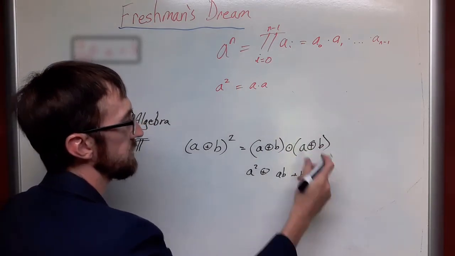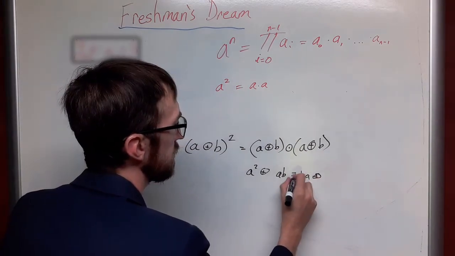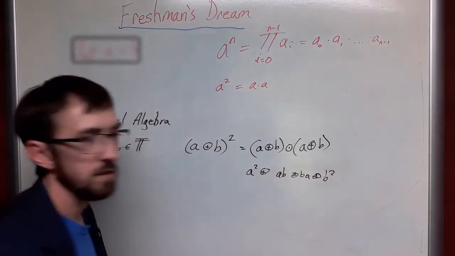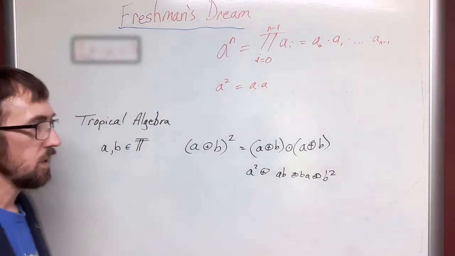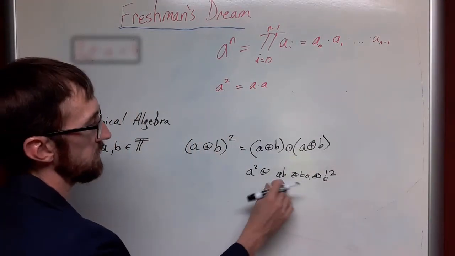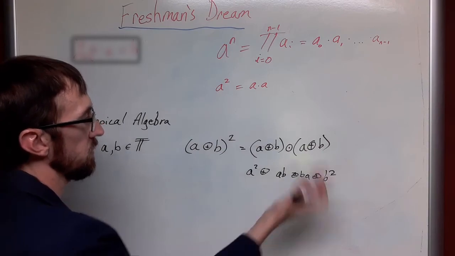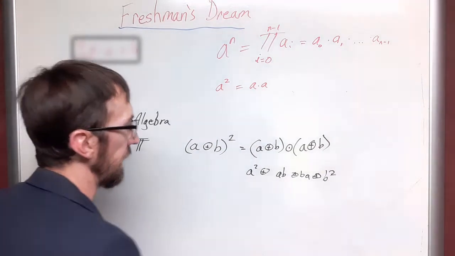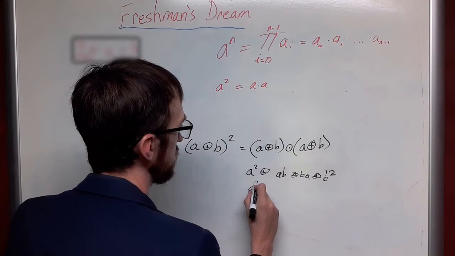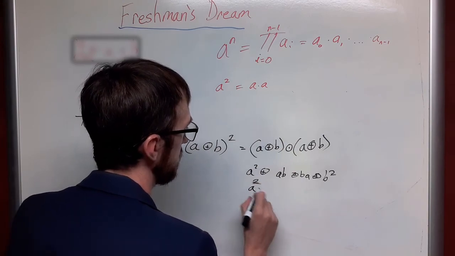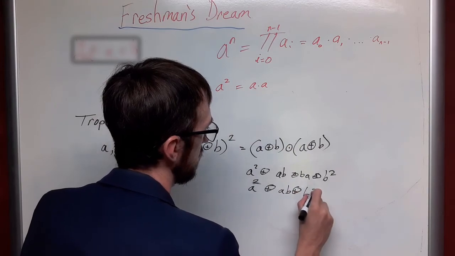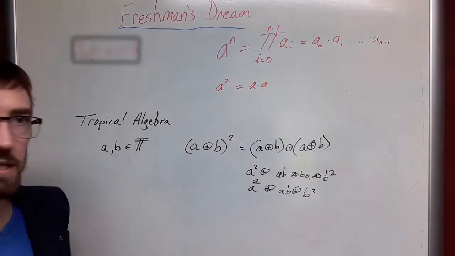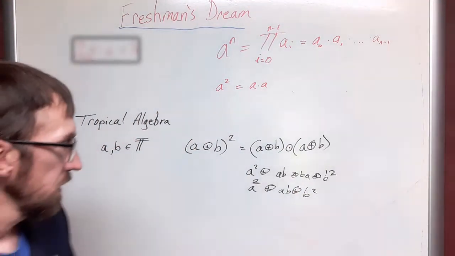And then b times b to get b squared. Now the interesting thing about tropical algebra is when we add two terms that are the same together, we just get that term back. So this will simplify to this, and it starts to look like it did in classical algebra.